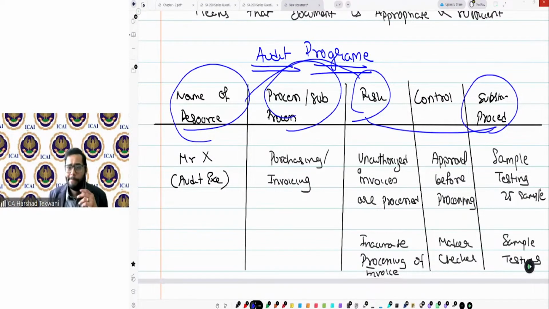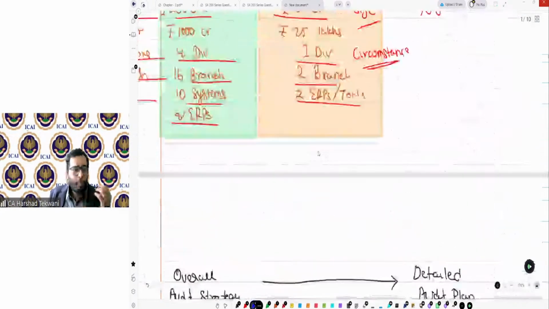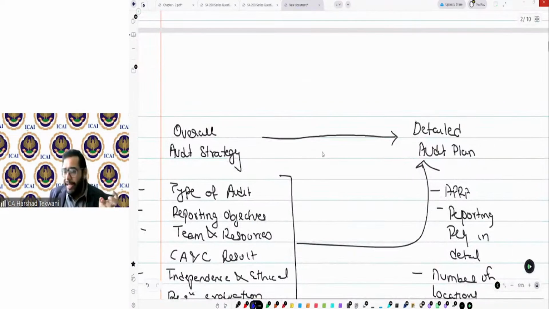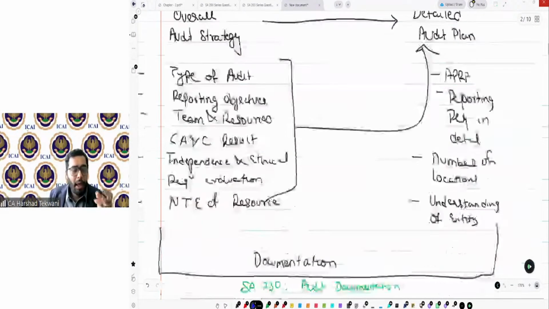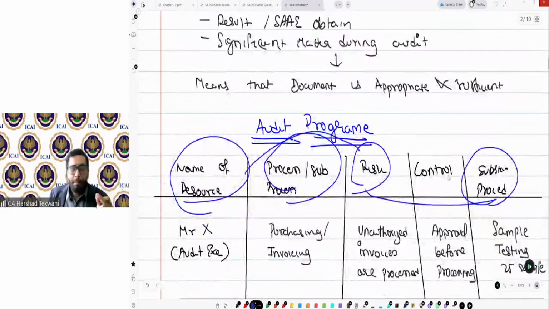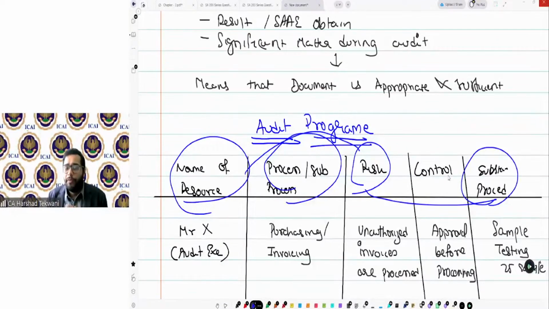Clear? Any doubt? So overall audit strategy, detailed audit plan, and detailed audit program together help you in your audit planning. That is the first stage of your audit planning. Here you decide on what basis you need to allocate your resources.